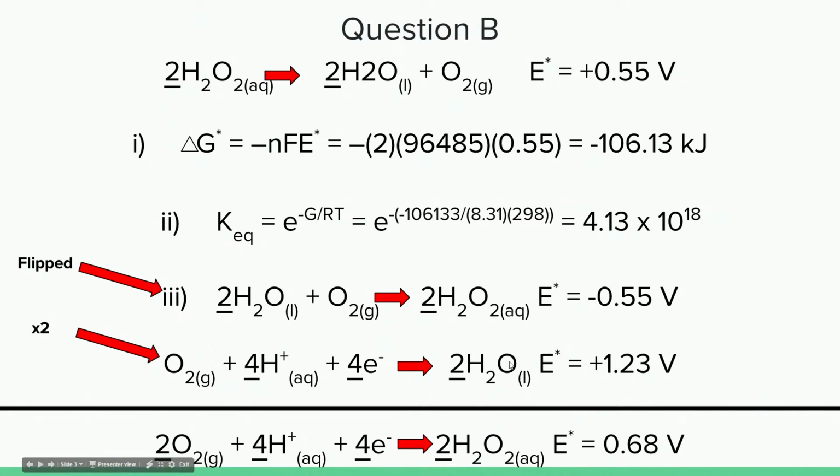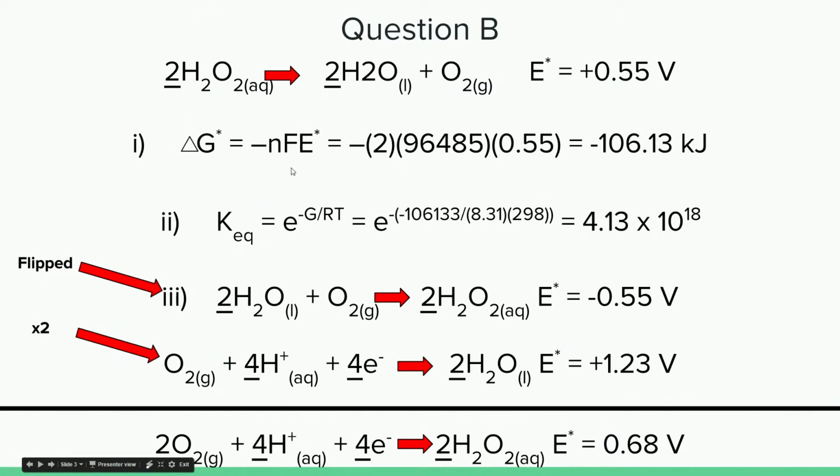The first problem in question B asks us to determine the value of the standard free energy change, delta G degrees, for the reaction at 25 degrees Celsius. To do this, we need to use the equation given to us. The equation for delta G is delta G equals negative nFE degrees.